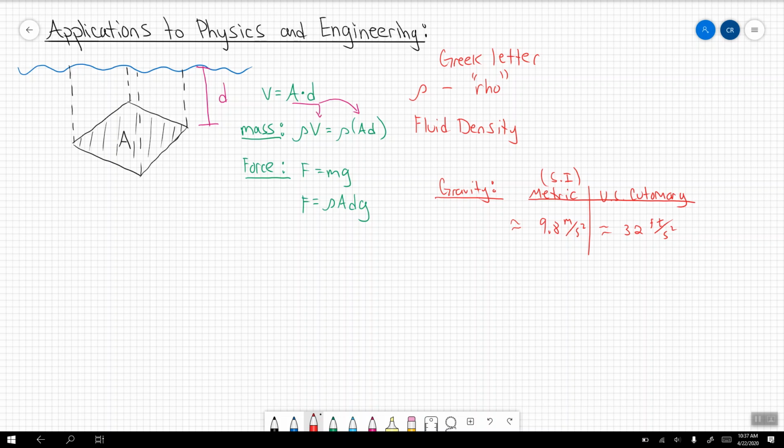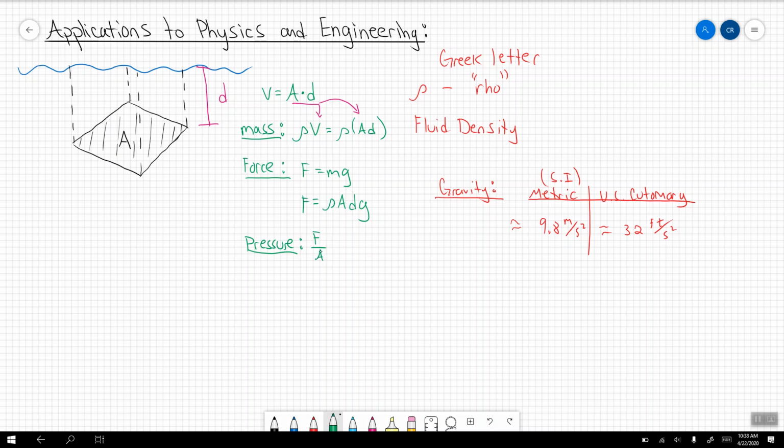All right, now let's talk about pressure. What type of pressure is the water, or this fluid, going to be exerting on this specific object? In order to find that, you take the force being applied on the object and divide it by its area.